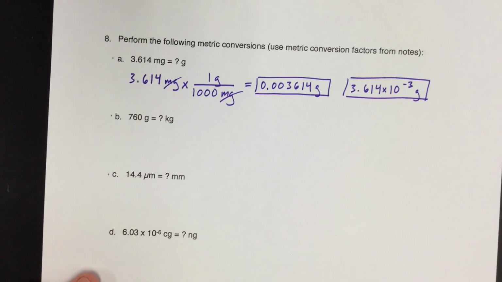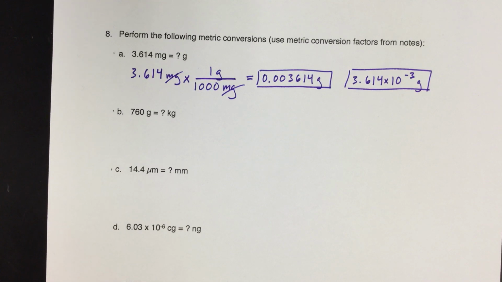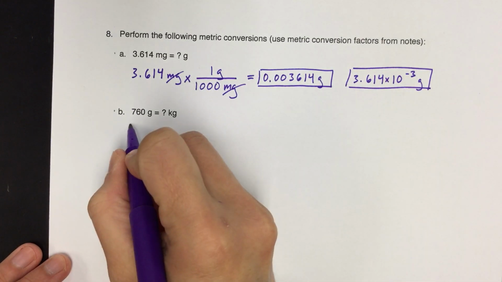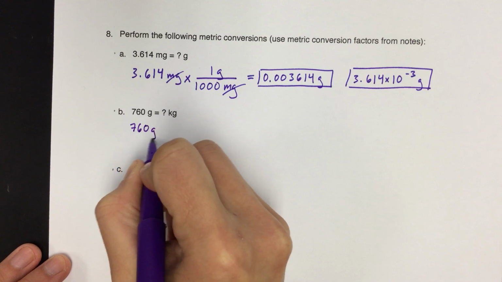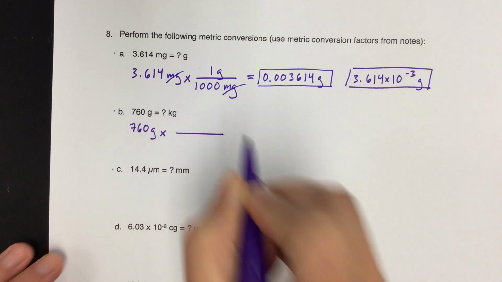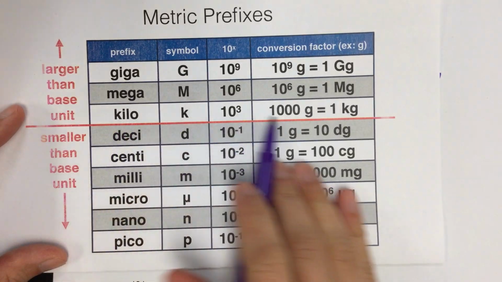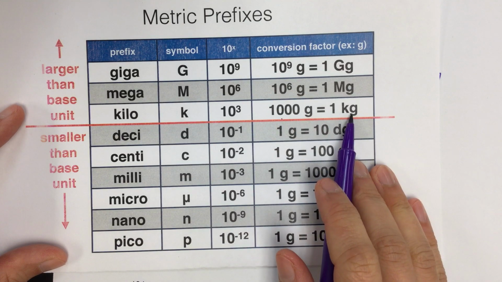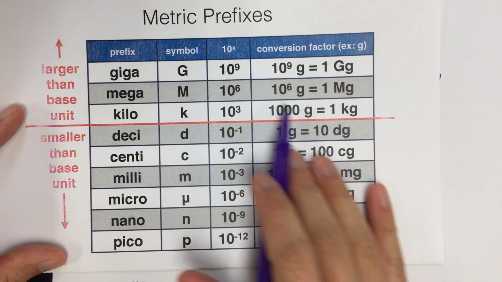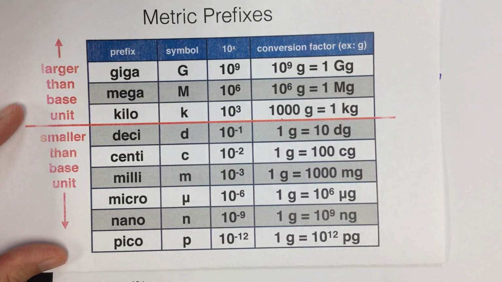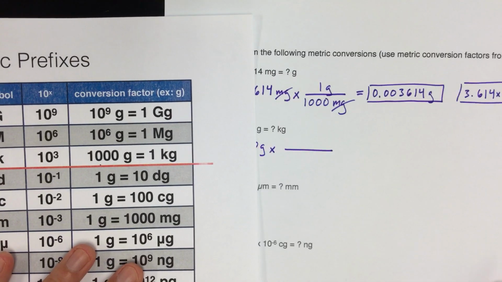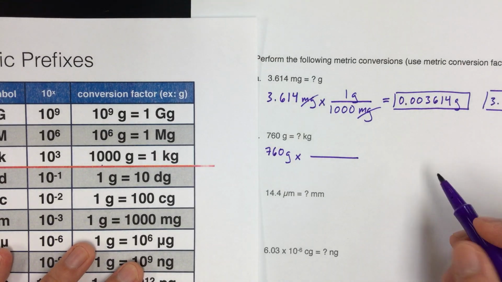Okay. Next one, 760 grams equals how many kilograms? So we'll start with 760 grams. We need some conversion factor that relates grams and kilograms. And here's kilo. So 1,000 grams are in a kilogram. Grams are smaller, so you have 1,000 of those to make up 1 kilogram. We'll use that relationship to fill out our conversion.